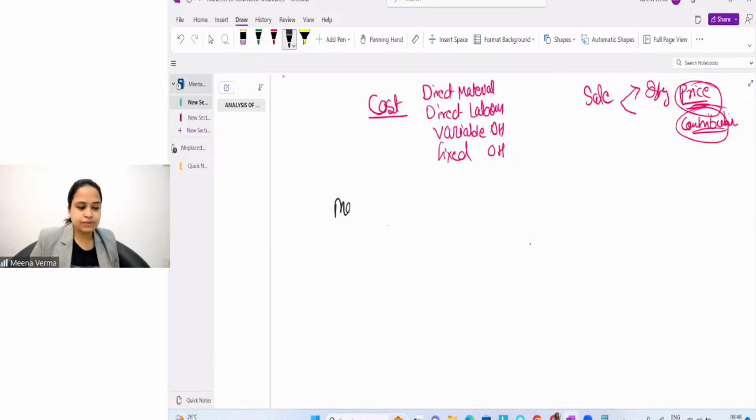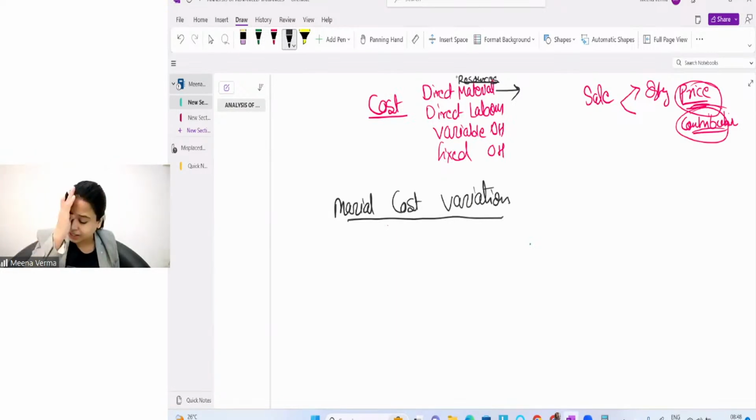So material cost variation. You can see these are all the resources which we use for the production of final good. क्या है ये सब? Resource है ना? We use it for the production of final good. ठीक है? तो direct material के लिए we calculate the material cost variation.